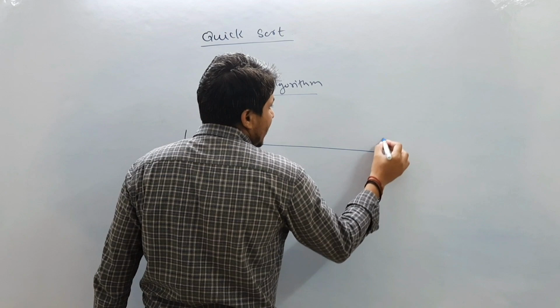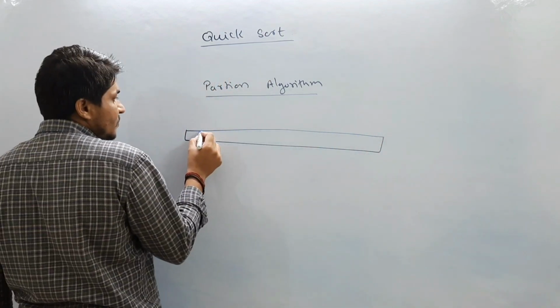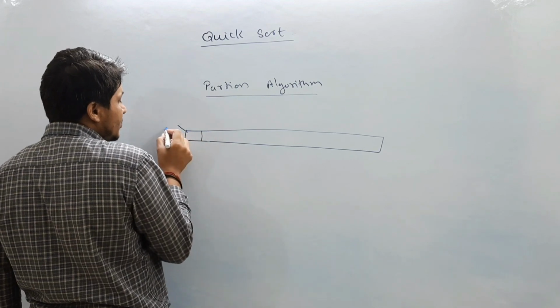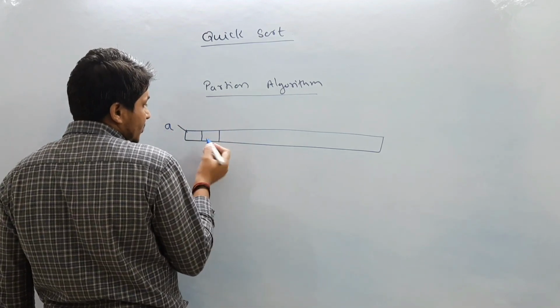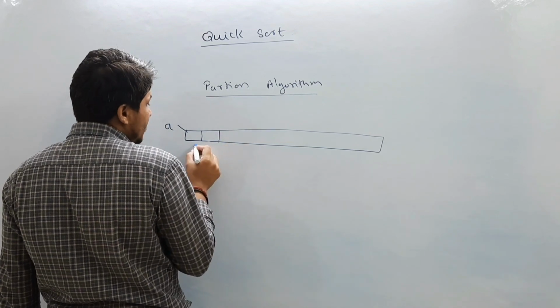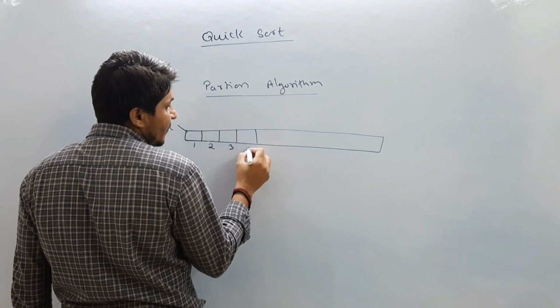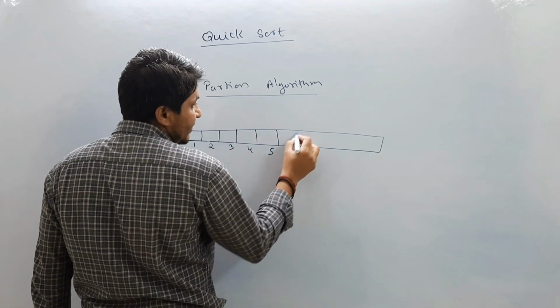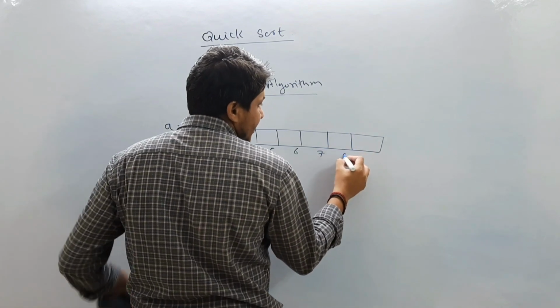Let me take one array. Let's suppose the name of this array is A, and the array contains 8 elements. This is index number 1, index number 2, index number 3, 4, 5, 6, 7, and 8.